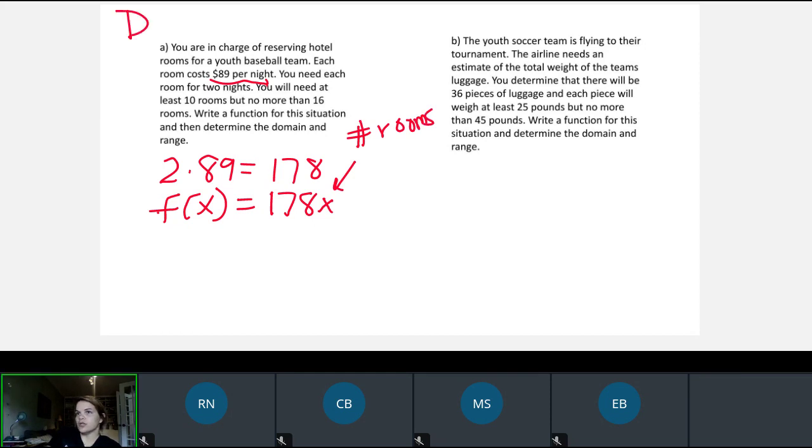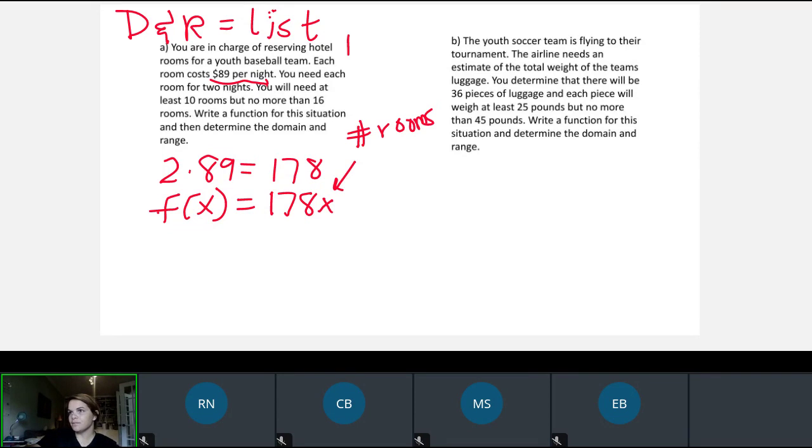For part A, domain and range, you are going to use a list. Why are we using a list? We're using a list because this is a discrete function. Discrete means that you cannot write your domain and range as a variable. Why?